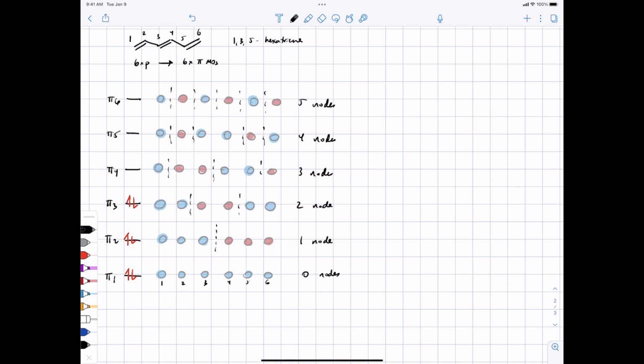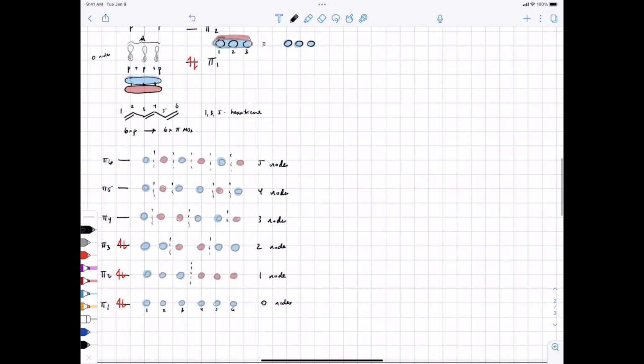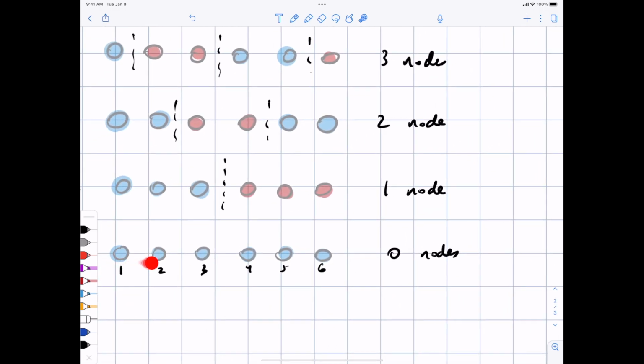So, in addition to looking at the number of nodes to rank orbitals in terms of stability, you can get a sense for how low in energy an orbital is by looking at the number of times in that orbital that adjacent atoms have the same wave function sign.